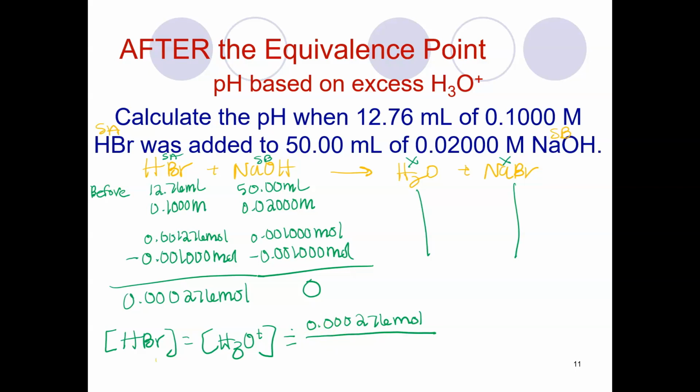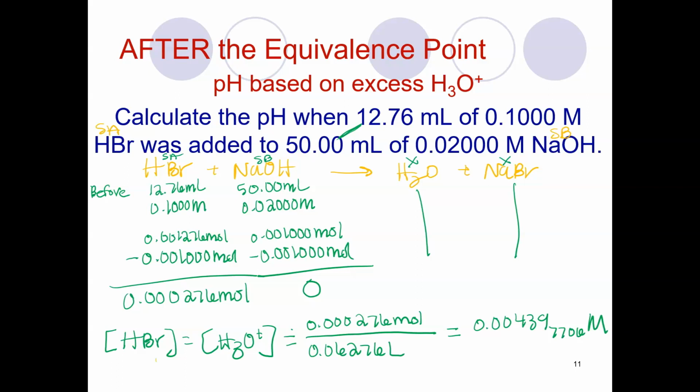Again, this is a titration, so when we do this titration, the volumes are going to add together. So my volume that I use here is going to be 62.76 milliliters. I took the 50 and the 12, and I added them together. And that's going to give me my molarity of H3O+, which is equal to 0.004397706. I didn't round because this is still not my answer.